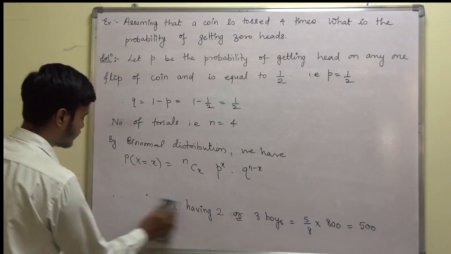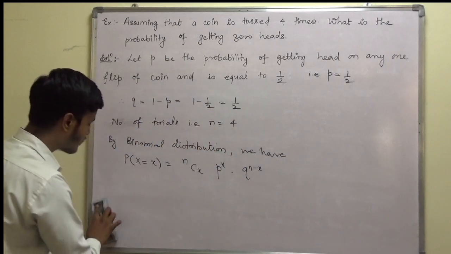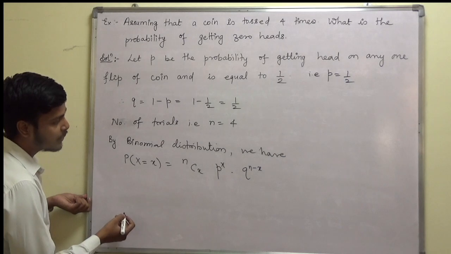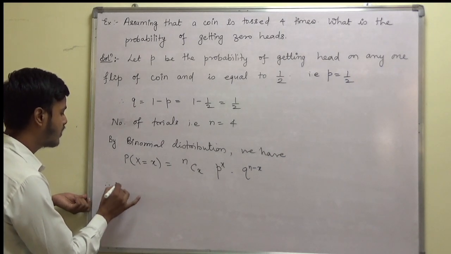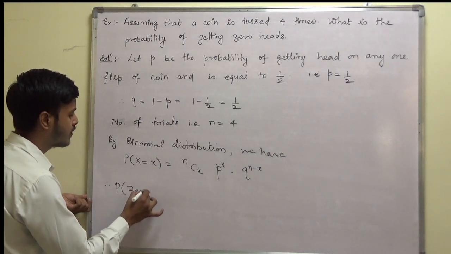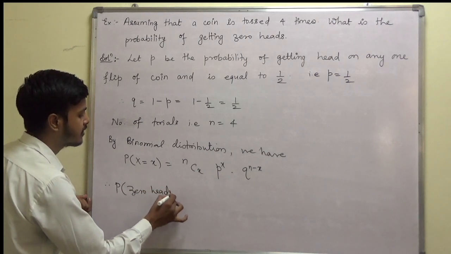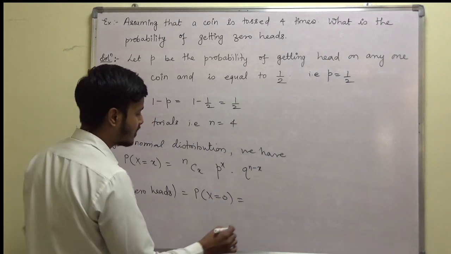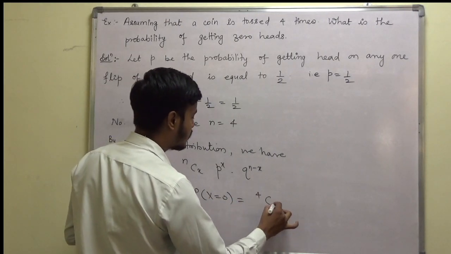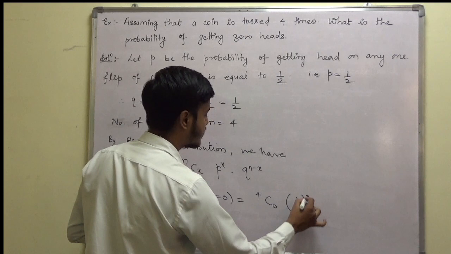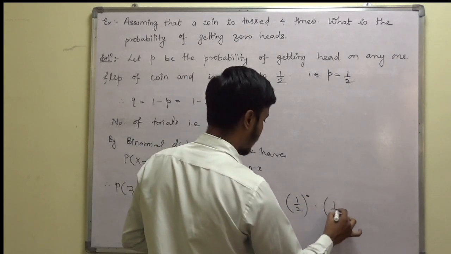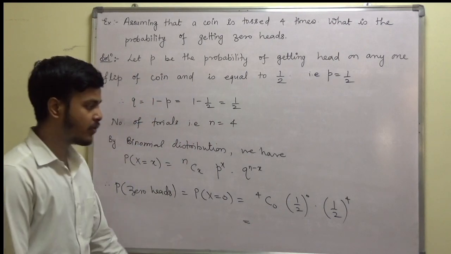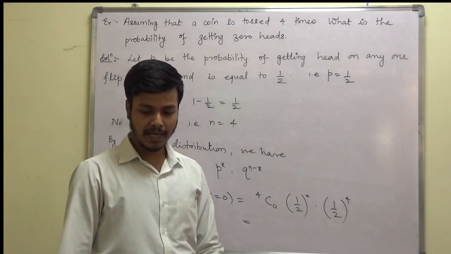Okay, probability of X equal to x is this. Therefore probability of 0 heads is equal to probability of x is equal to 0, which is 4C0 (1/2)^0 into (1/2)^4. 4C0 is 1, and 1 by 2 power 4 is 1 by 16.